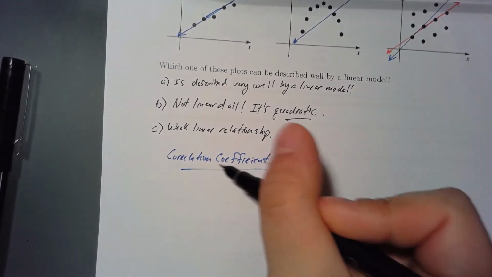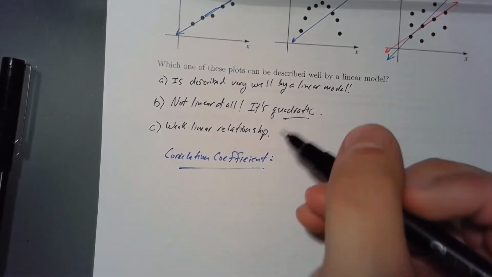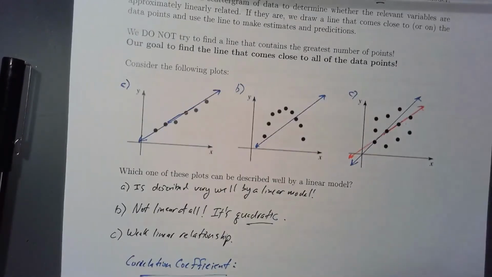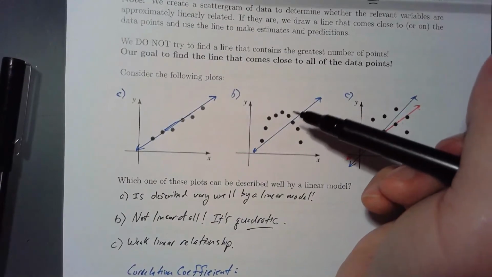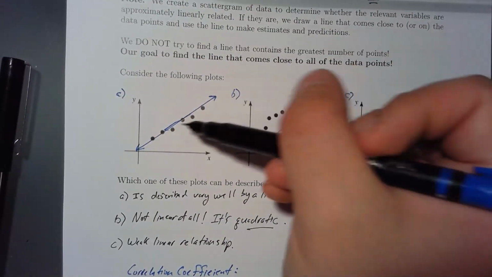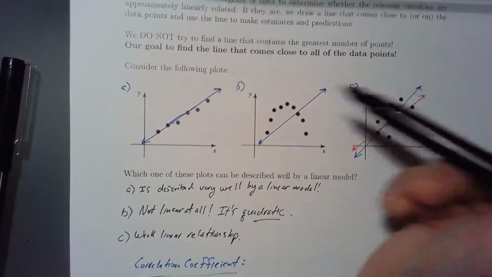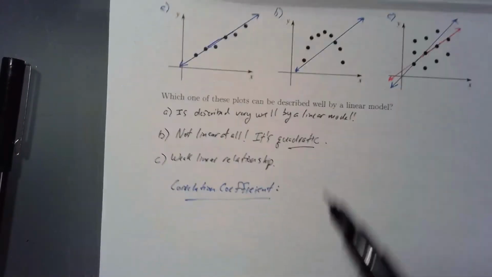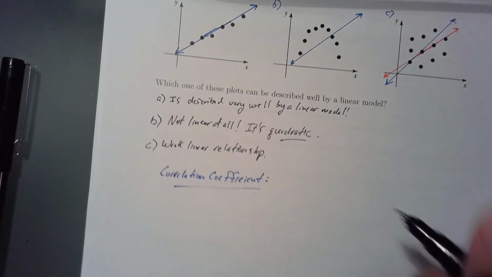There's something called a correlation coefficient. This coefficient measures the strength of the relationship between the two variables. How good of a job does that particular model do at describing the data? The correlation coefficient does that exactly.